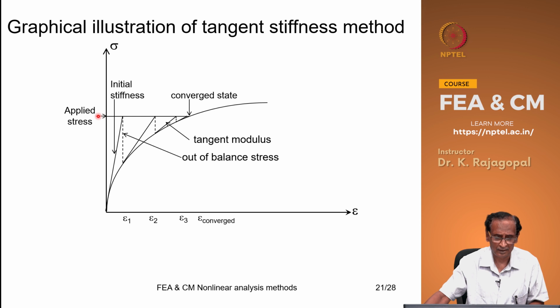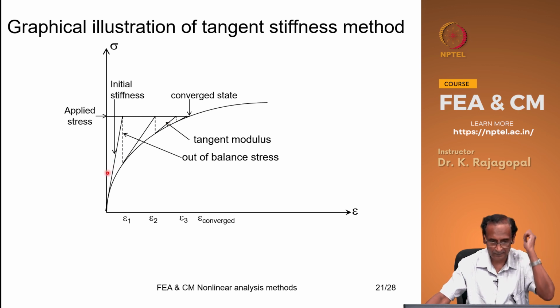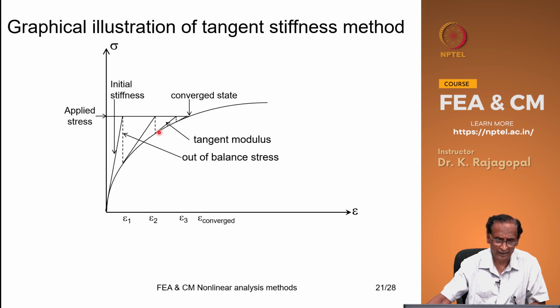We applied some stress, and we want to know what is the converged strain, and so for that we initially apply with the initial modulus, we get some out of balance stress, and then we update our stresses, and then we get a tangent modulus like this, and then once again the tangent modulus at this step and so on. So within a few steps we will see that we reach the converged state as compared to initial stress method.